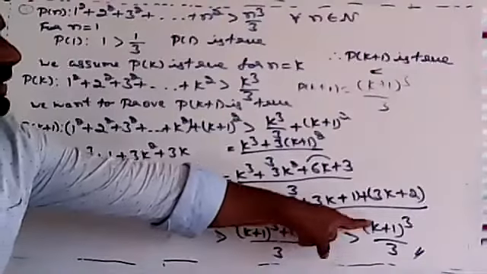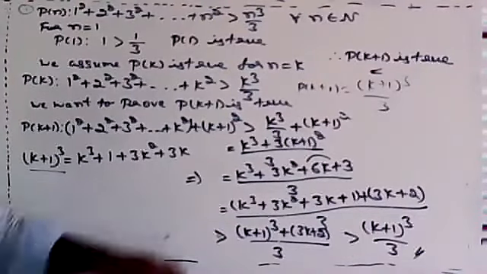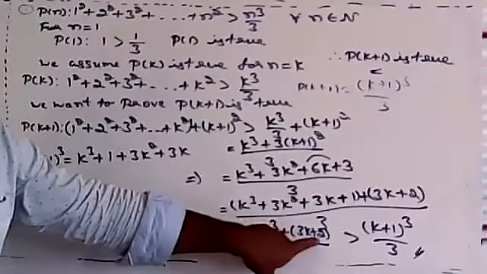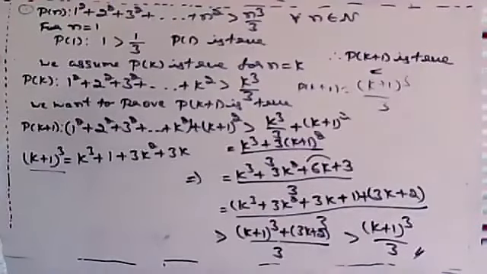Then also k plus 1 the whole cube is greater than 3. Correct or not? So this portion, when k plus 1 the whole cube contains the extra term, that is 3k plus 2, then which is also greater than k plus 1 the whole cube by 3. Clear?